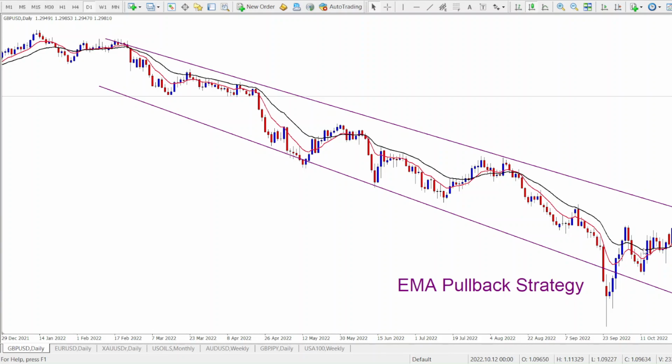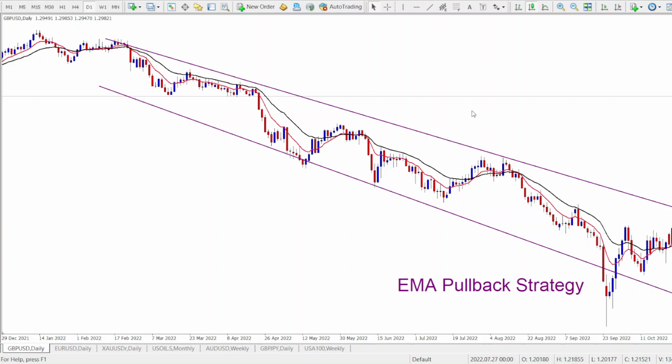Or you can just exit your sell trade when you notice the 9 EMA crossing above the 21 EMA. So the bullish crossover can be your exit signal for the sell trade, or you can just set your stop loss above the swing high and then take profit at the nearest support zone. Then the reverse is the case for a bullish trade.